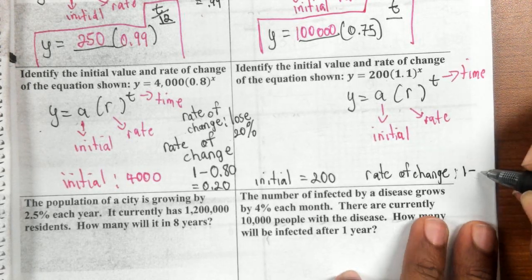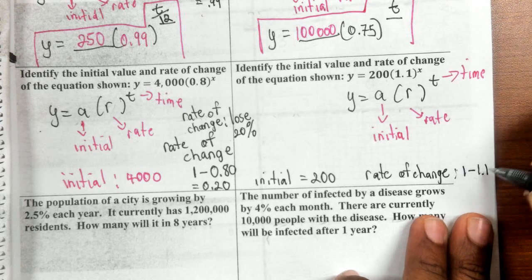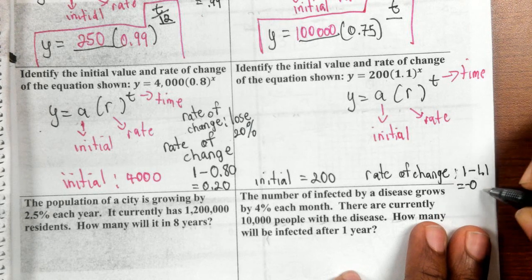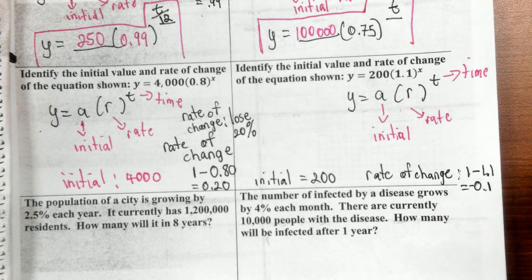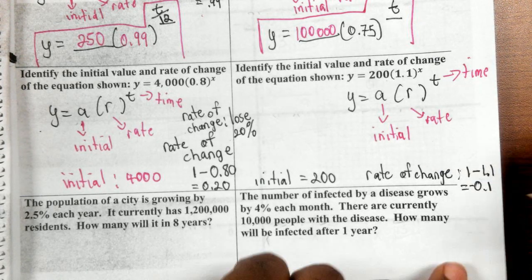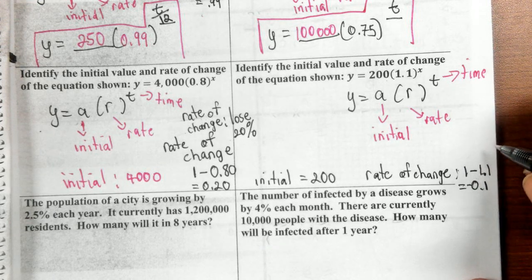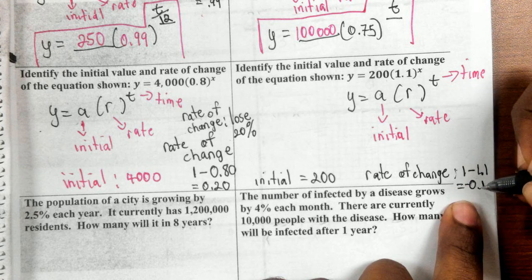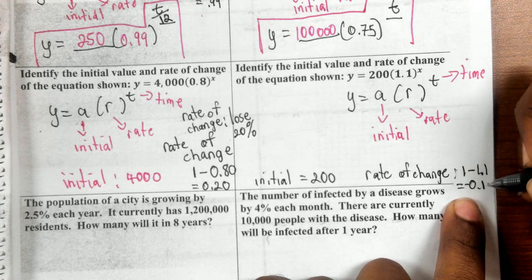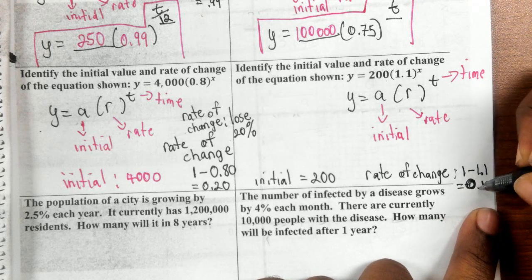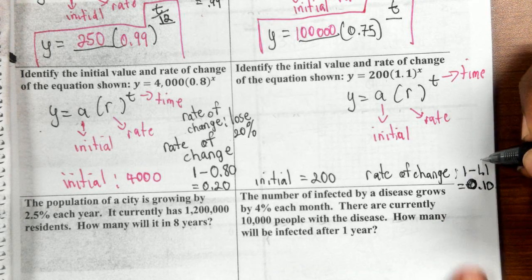So 1 minus 1.1 would be negative 0.1. But ignore the fact that it's negative, guys. Because in this case, it's larger than 1, that means it was growing, okay? So this was getting larger and larger, because it was bigger than 1. So the rate of change was telling me, forget the negative, 0.1 is the same as 10%, because this is the same as 0.10, which is 10%.